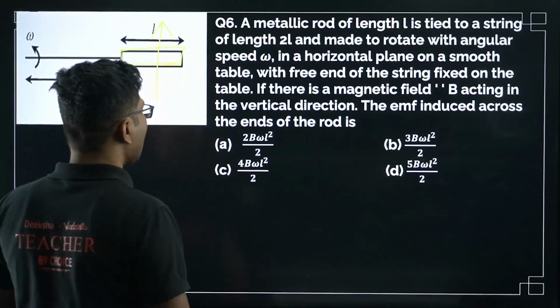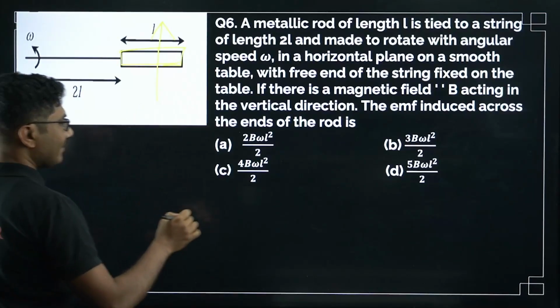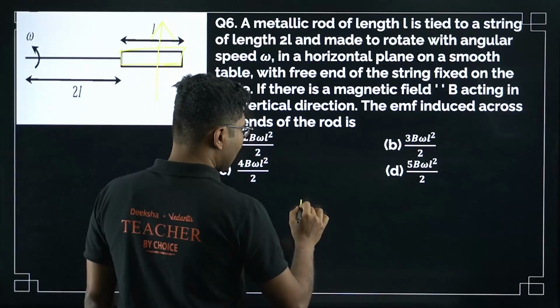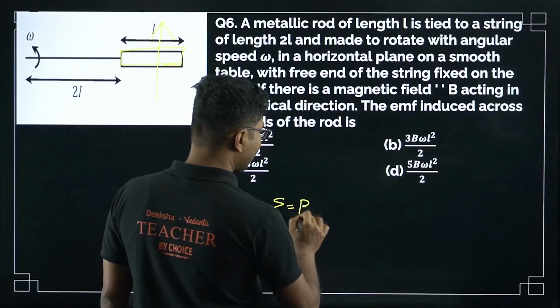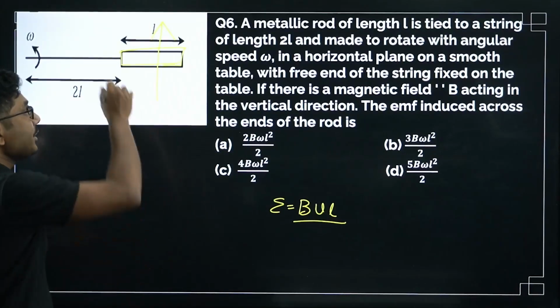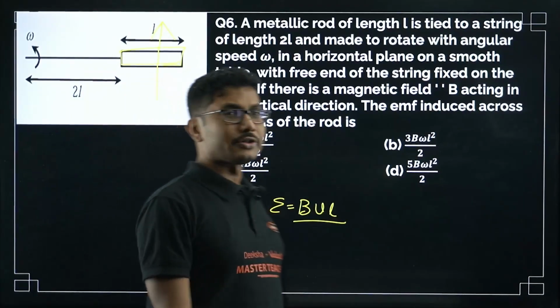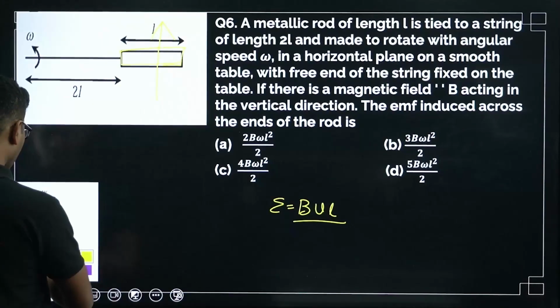So here you have to do an integration. You have to remember that the EMF induced is given by B into V into L, but where V is constant. In case of rotational motion, V is not constant. V changes from point to point. Omega is constant, but V is not constant.